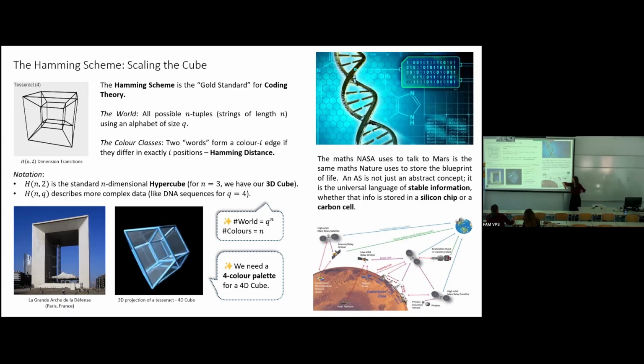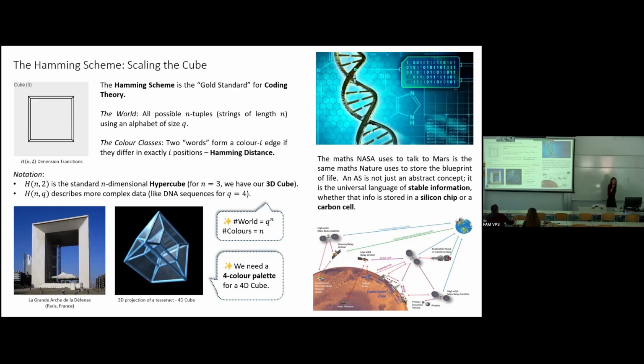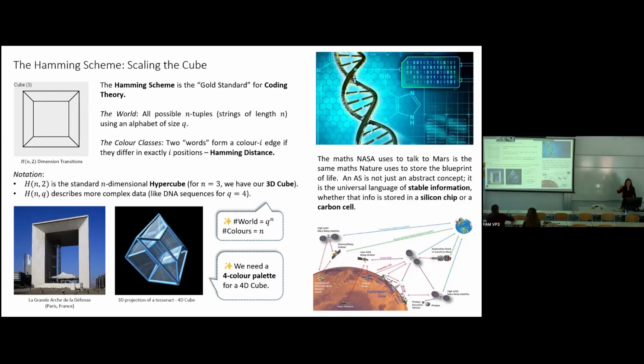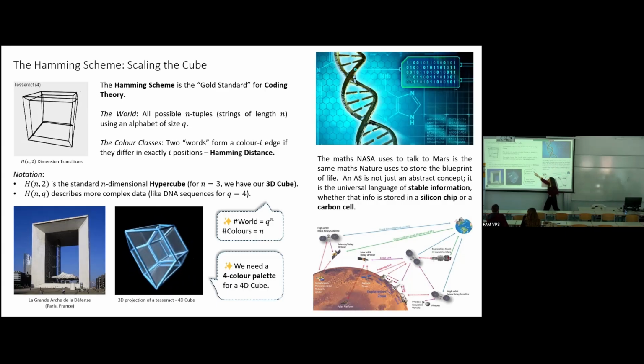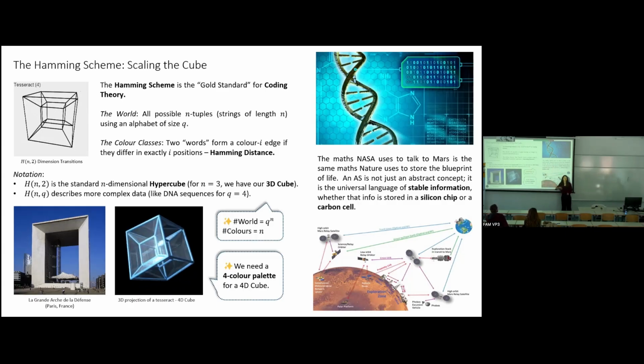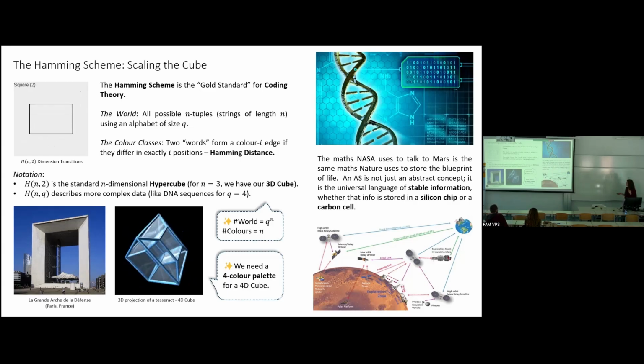Every time NASA sends a message to Mars, or when we send a message using a 5G signal, it's always there, this association scheme correcting errors. And if we extend our alphabet, this association scheme also works on the basis of DNA. Crazy, we'll see that. This represents for me protection of information.